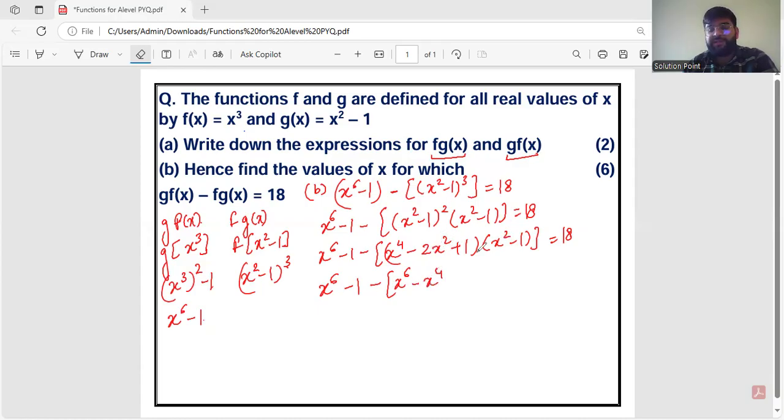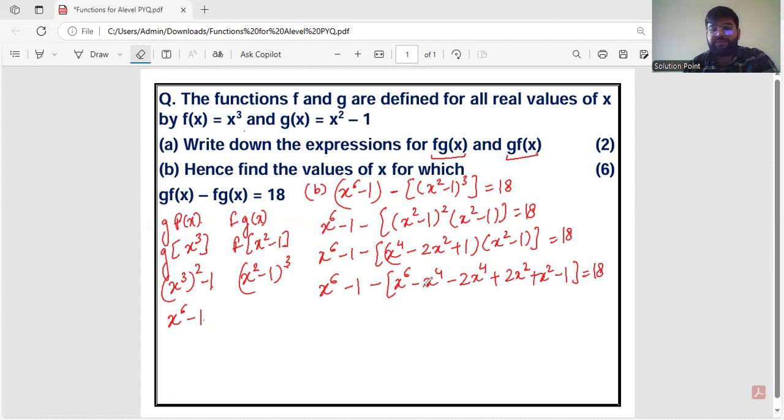Minus 2x squared times x squared will be minus 2x to the power 4. Minus 2x squared times minus 1 will be plus 2x squared. Plus 1 times x squared will be plus x squared, and plus 1 times minus 1 will be minus 1. And this is equal to 80.